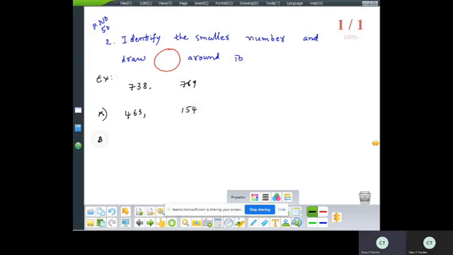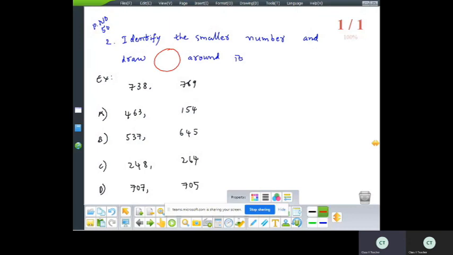Now B, 537, 645. Now C, 248, 764. Now D, 707 and 705. These are the given ones.